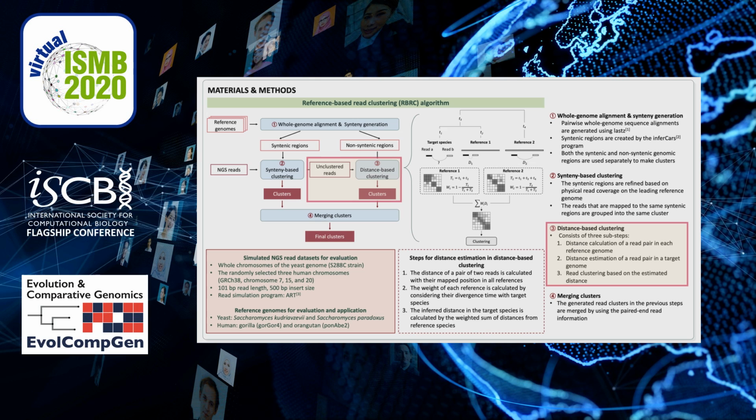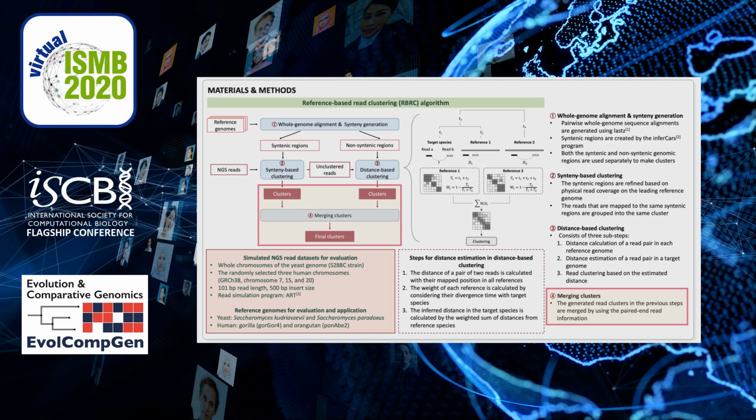Second, only reads which are mapped to all reference genomes are extracted, and then the distance matrix containing distances of all read pairs is generated for each reference genome. Finally, the distance of a read pair in the target species is calculated by the weighted sum of distances in references. The weight of each reference is calculated from the divergence time in a phylogenetic tree among the target and reference species.